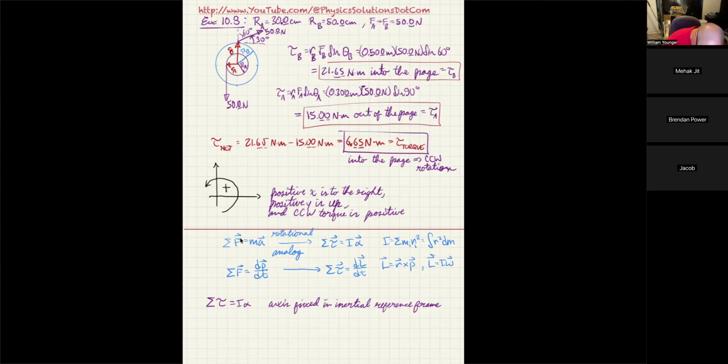You have another version of the equation, which I'll write in red to show you that it's different. The summation of the torques about the center of mass, that's the key thing here, is equal to I about the center of mass times alpha about the center of mass.